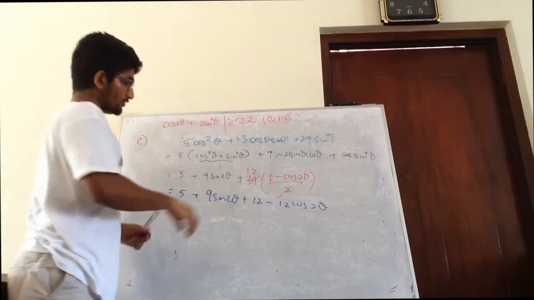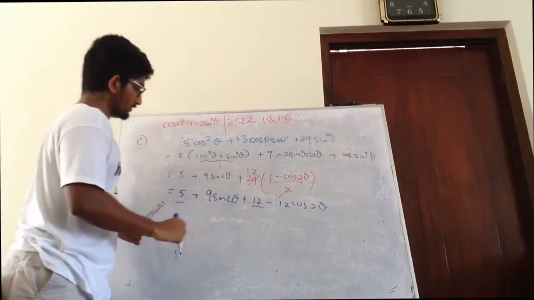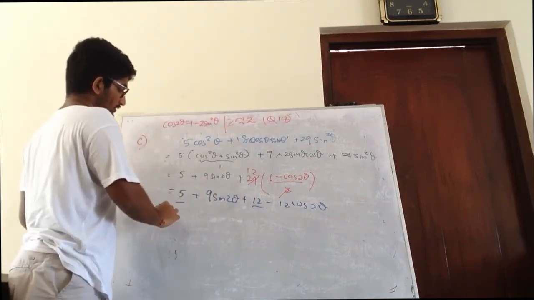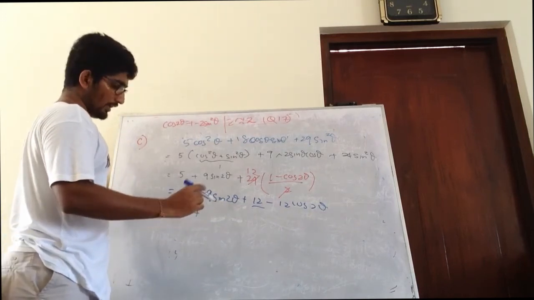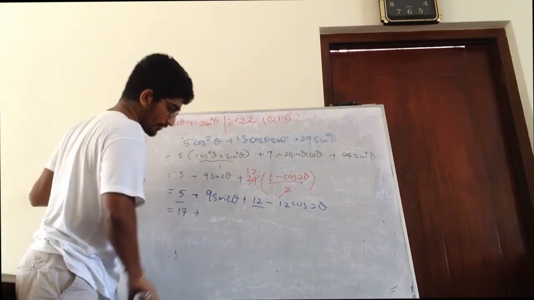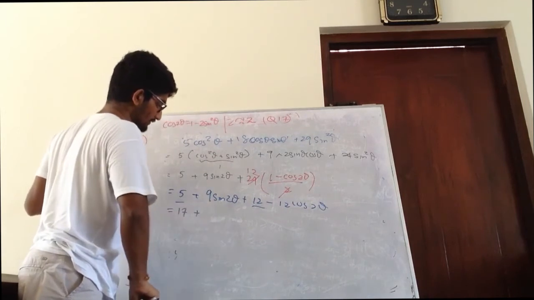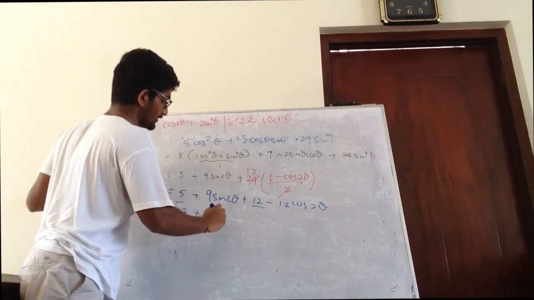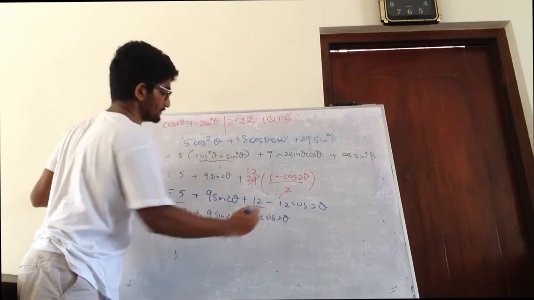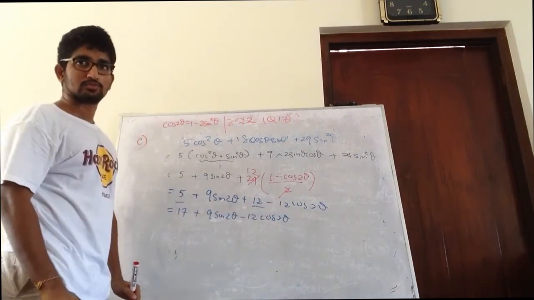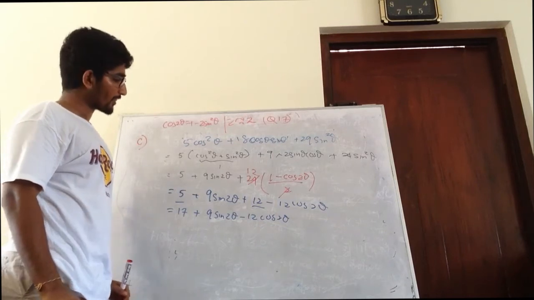Correct? So now I get another constant. That means 17 plus 9 sin 2 theta minus 12 cos 2 theta. Correct?